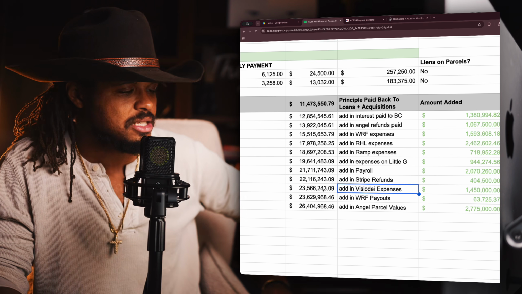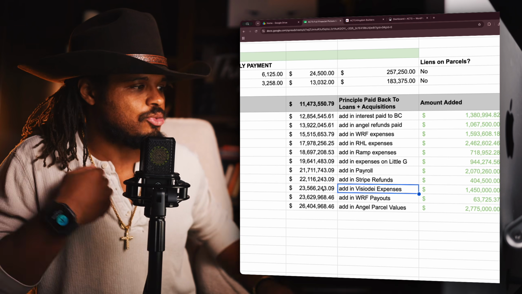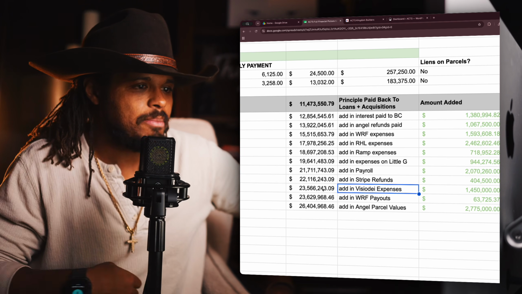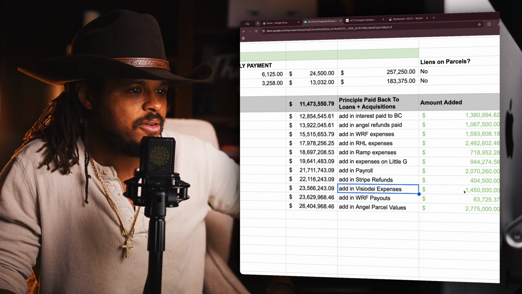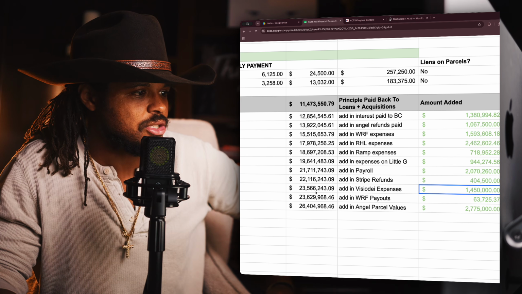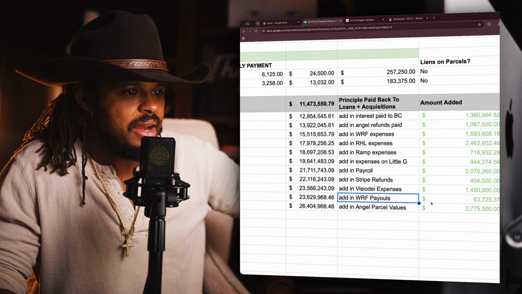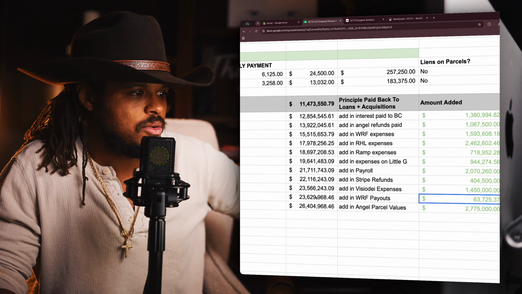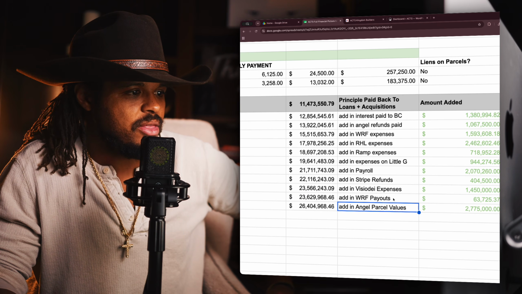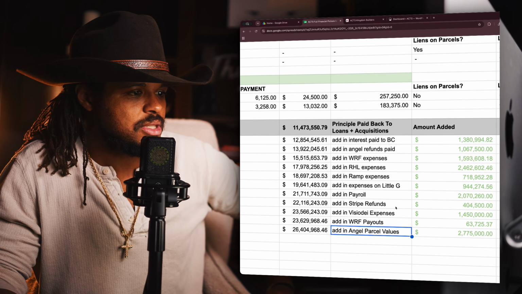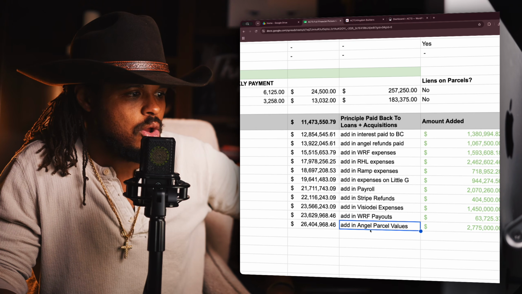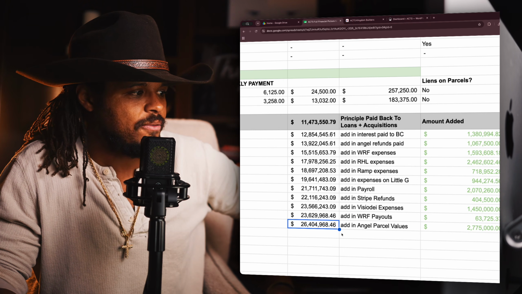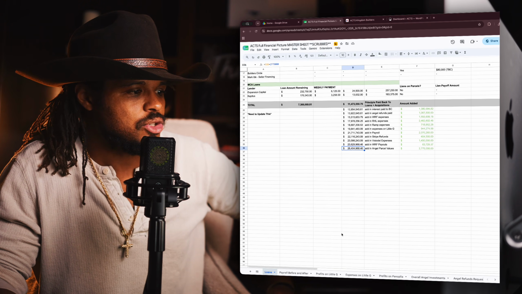People always like to ask, how much have you made over the last 3 years in running Axe? It's been about $1.45 million in the last 3 years running Axe. Add in the payouts for Wanted Raw Foods. It's $63,000. And then the value of the parcels that angels have received. We are now at $26.4 million.